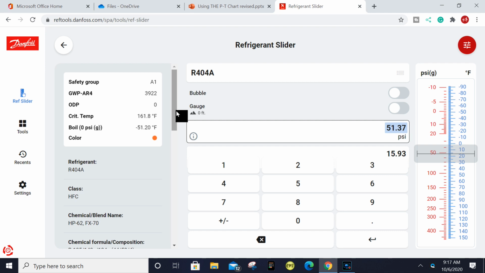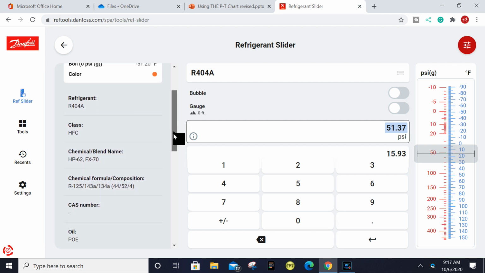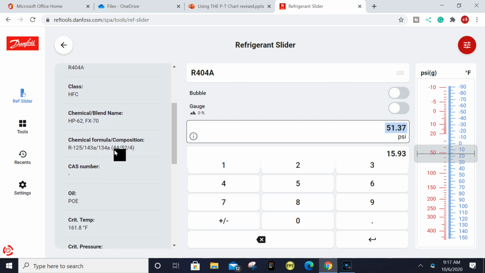Over here on the left-hand side of the Danfoss slider app, it's pretty neat. It tells you the chemical composition of the formula. So there's 44% of R125, there's 52% of 143A, and there's 4% of 134A. If you notice, these are three separate refrigerants at three separate proportions, so this is what causes the glide.